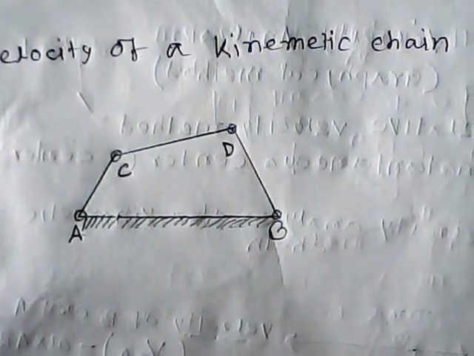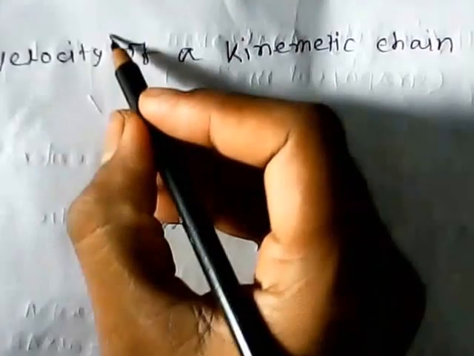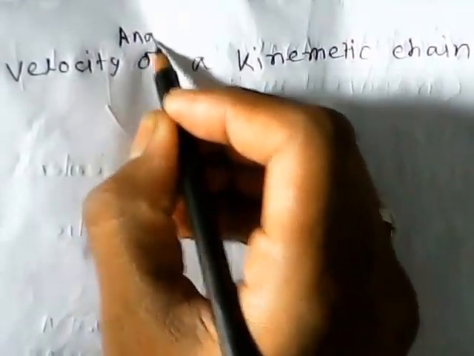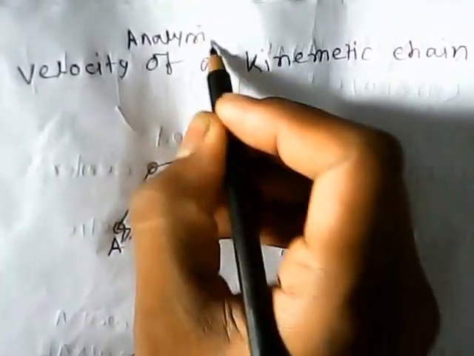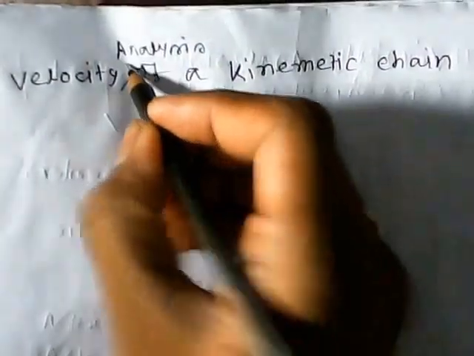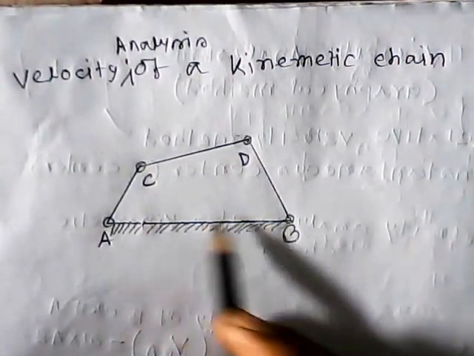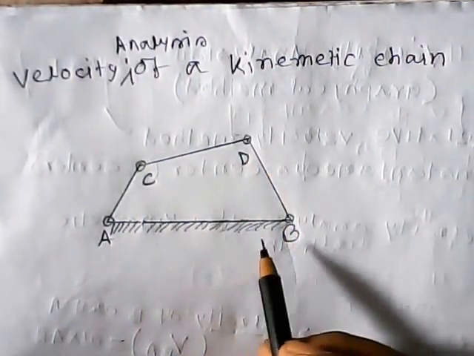Now I discuss the velocity of a kinematic chain of a mechanism. Velocity analysis. This is the 4 link mechanism.